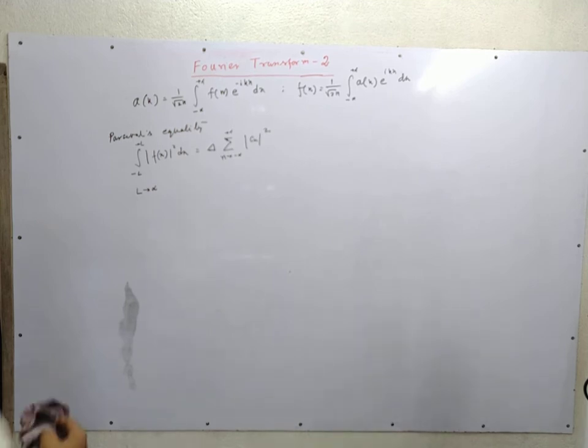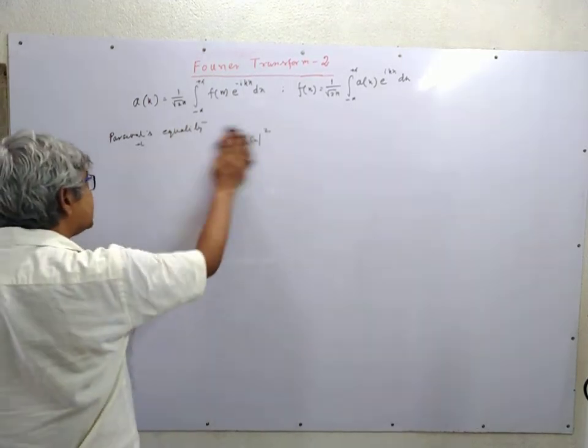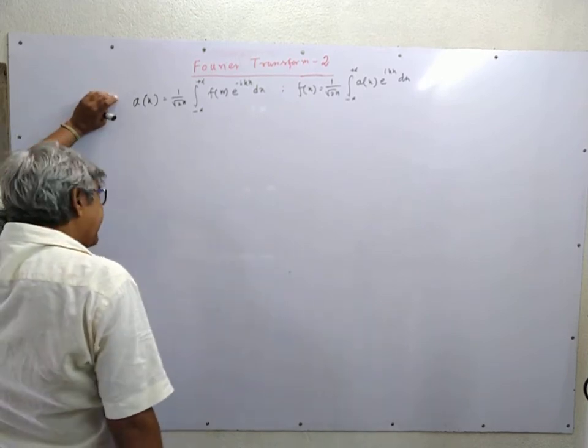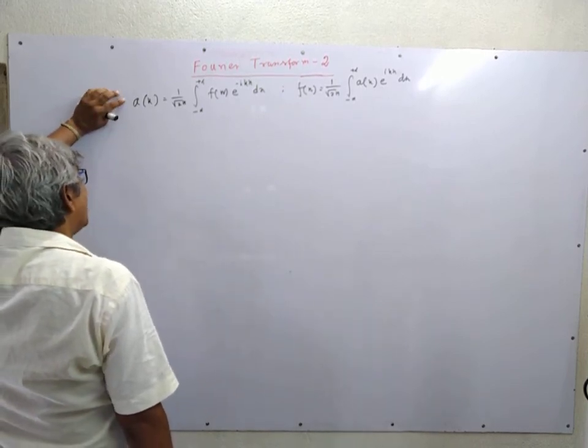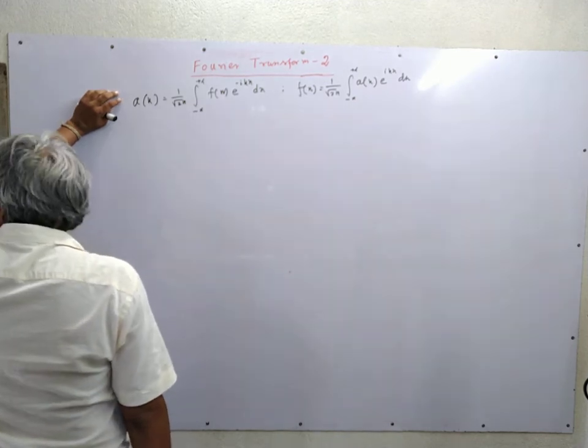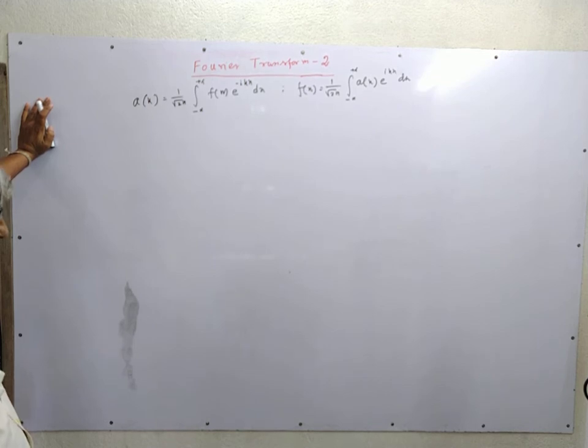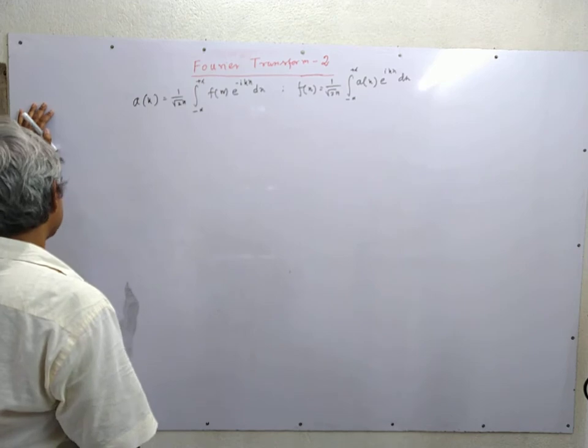Now let me discuss what happens to these transformation pairs when the function under consideration has a definite parity. In the case of trigonometric Fourier series, we have found that when f of x is even, then bn's are 0, and one needs to calculate only an's, and for an odd function only bn survives.